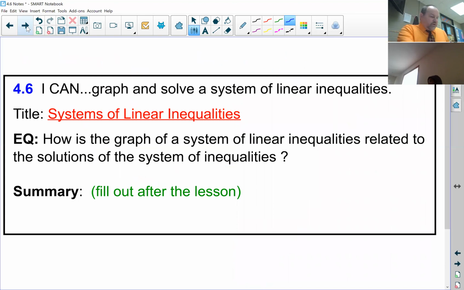All right, so solving a system now of linear inequalities. How is the graph of a system of linear inequalities related to the solutions of the system of inequalities?